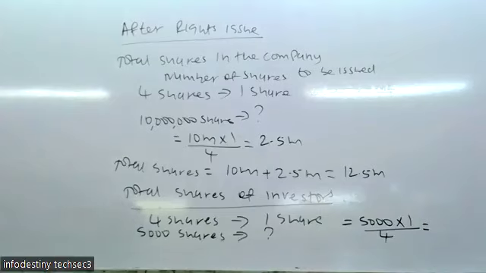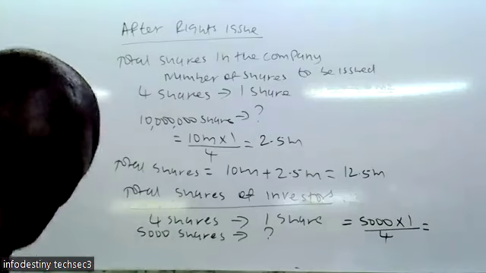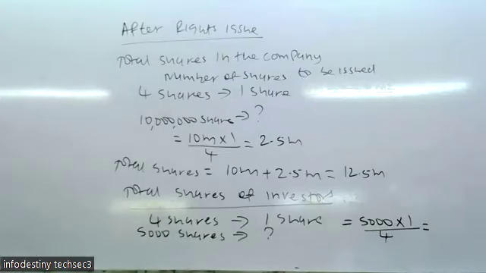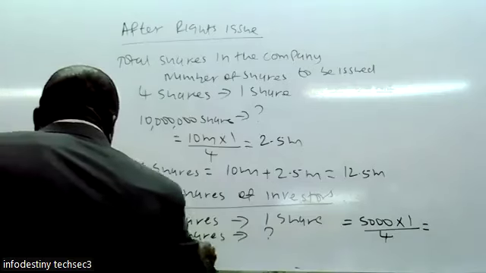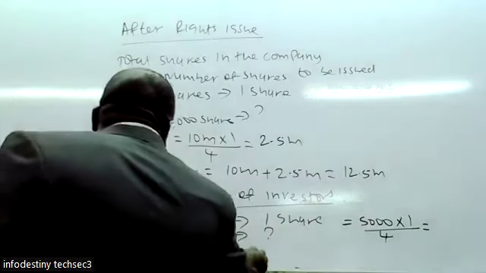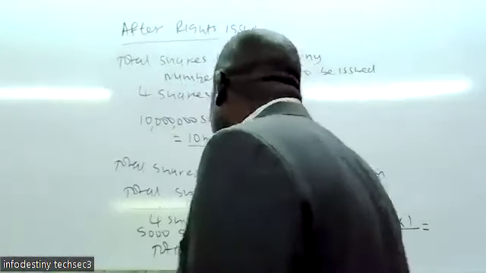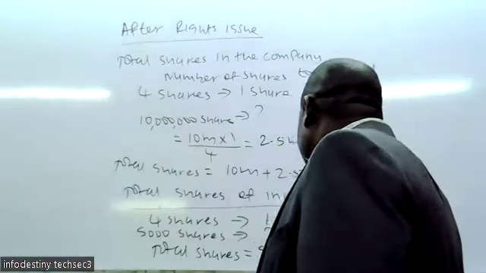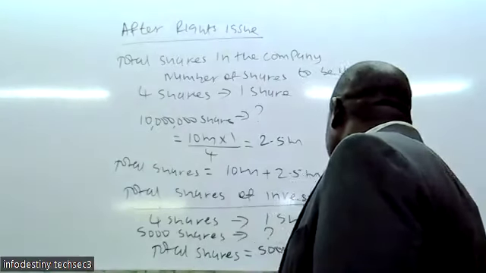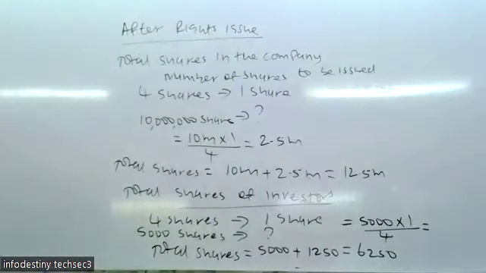So when you cross multiply, you are getting how many shares? 1,250. So the total shares will now be 5,000 plus 1,250, which is 6,250.